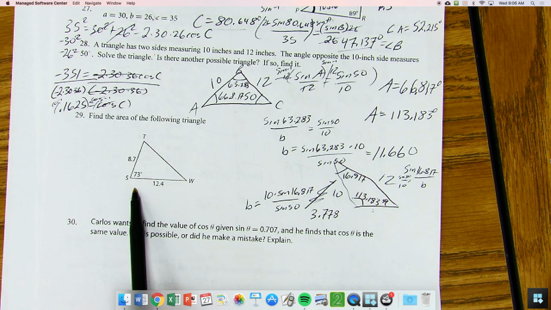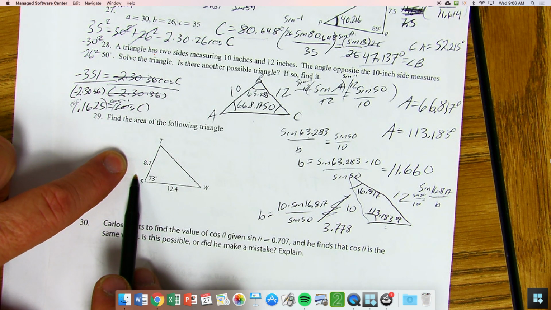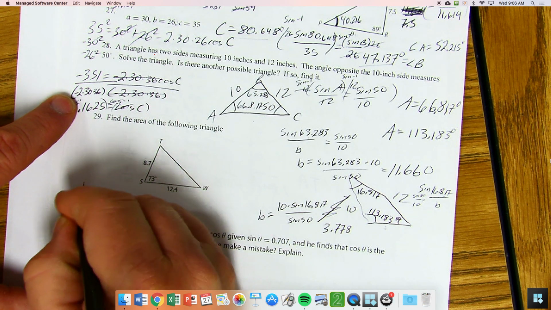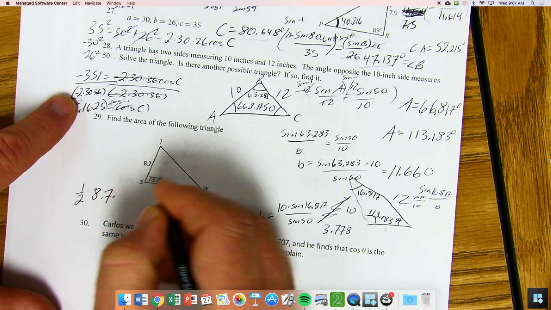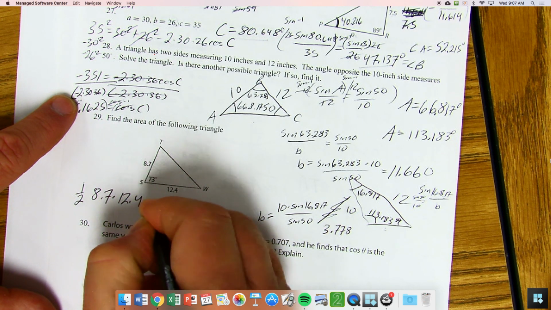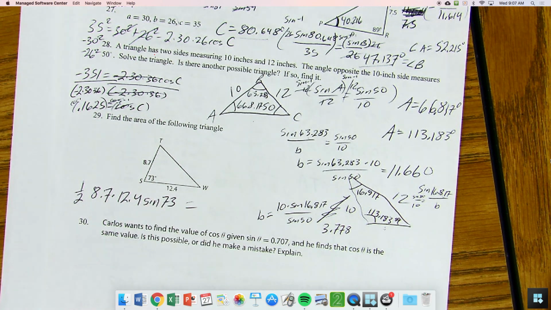Last two problems. Find the area. To find the area, you need two sides and the angle between. We got it. So it's just 1/2 of the two sides multiplied together times the sine of 73. Always the sine for area, never the cosine.